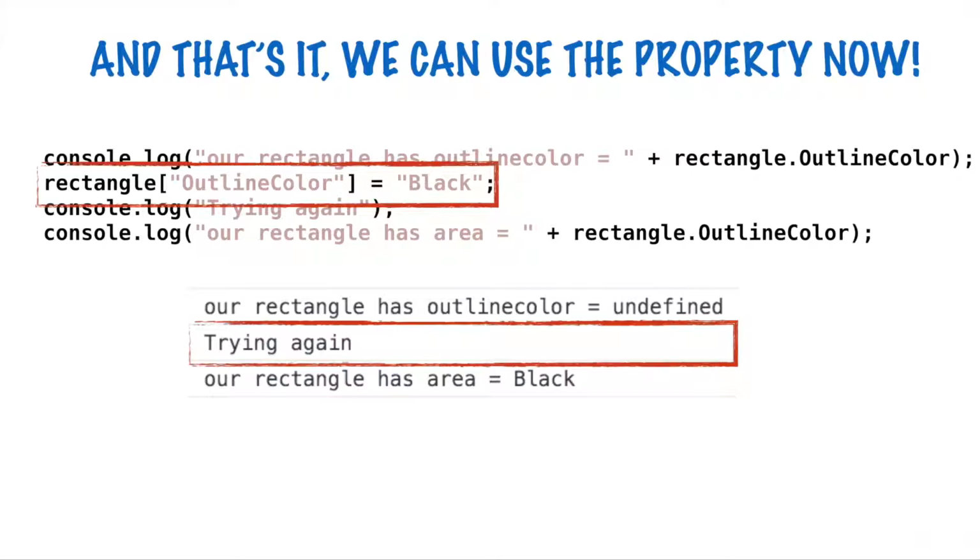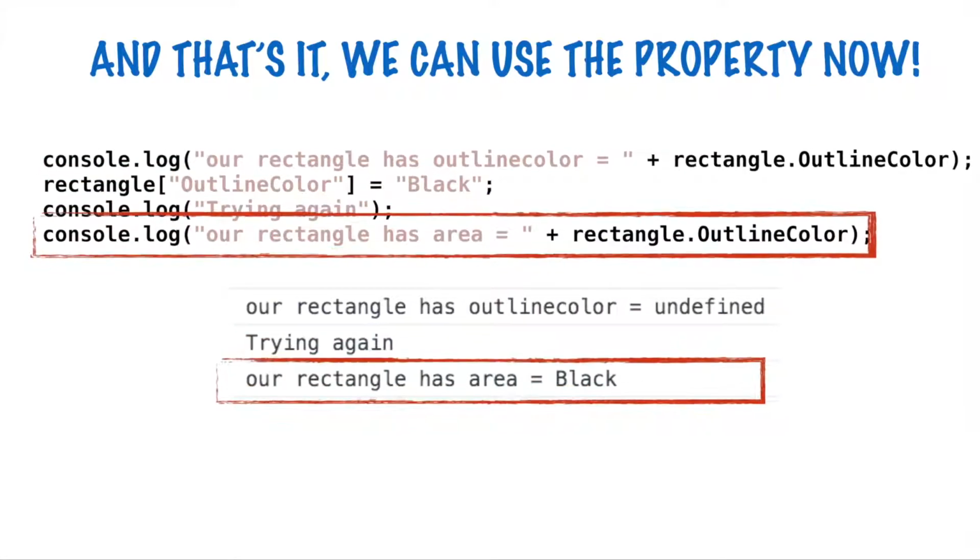And then we try logging again. Now outline color is a valid property of the rectangle object. And this is proven when we call console.log again and access rectangle.outline color. It says it has the outline color black. It works. We've added a property on the fly successfully.